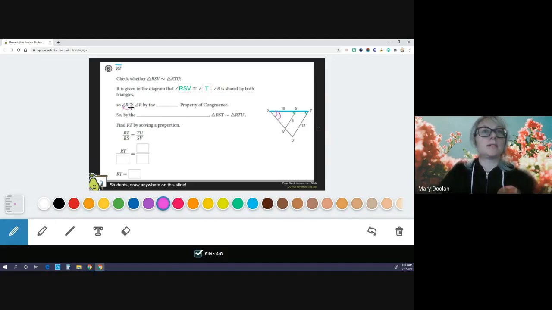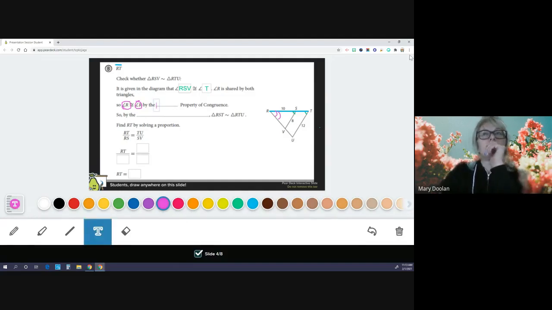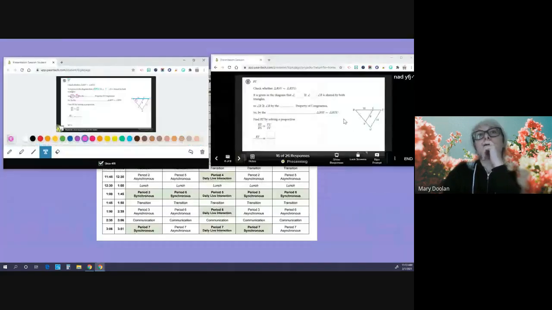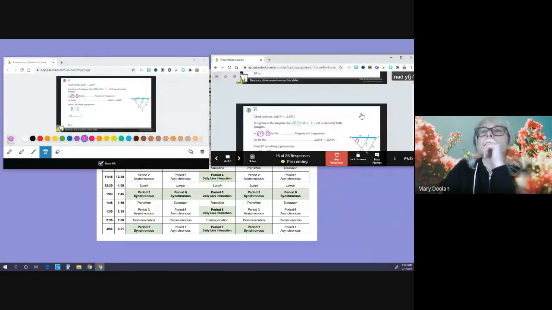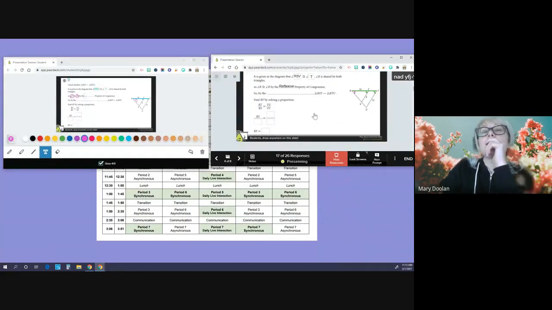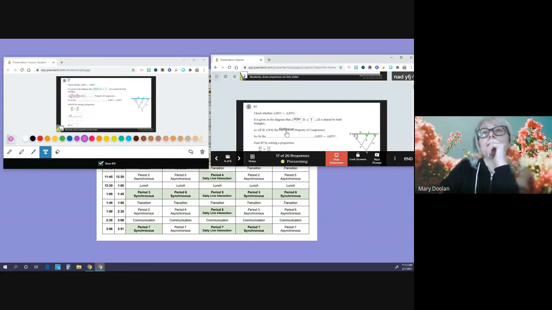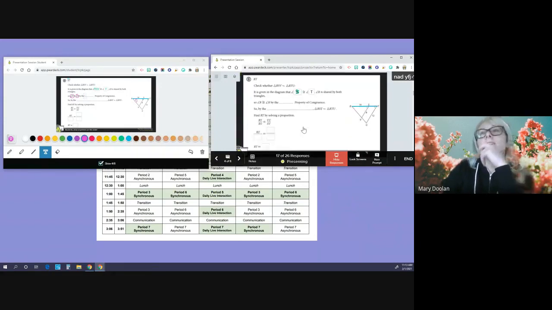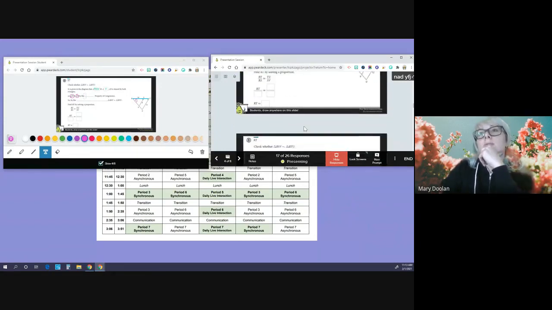I know that angle R is congruent to itself because of what property of congruence? There's a name for this. See if anyone remembers what it's called. Yes, good job. This person got it. Reflexive. Yes, very nice. It's the reflexive property of congruence.